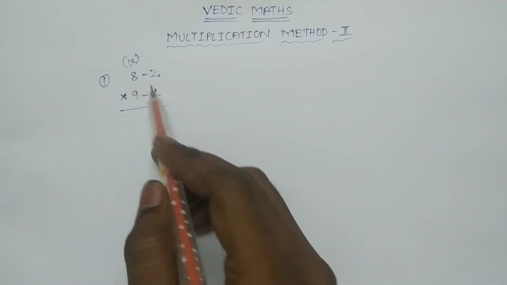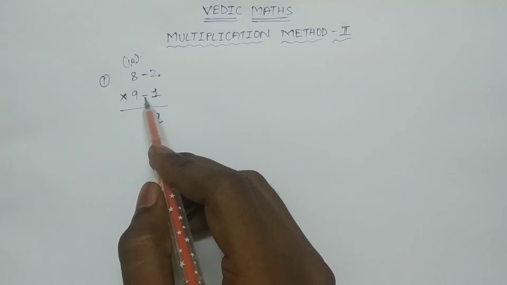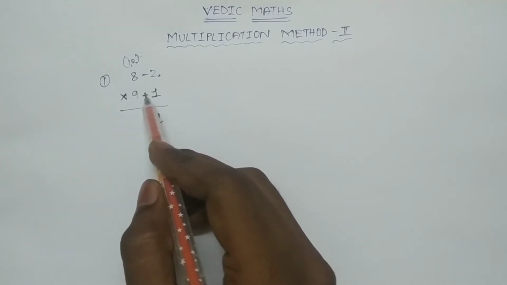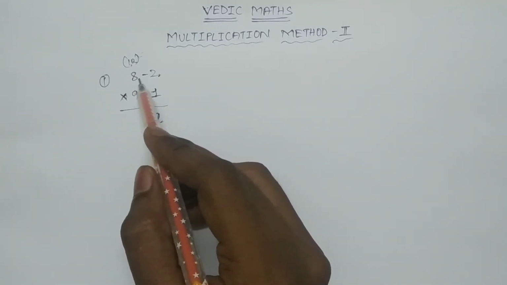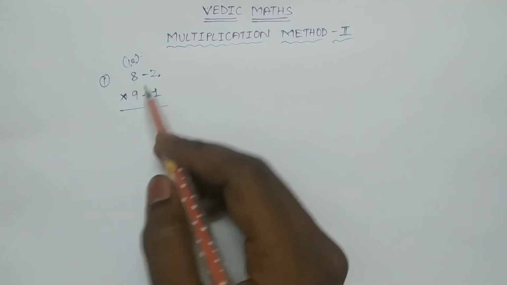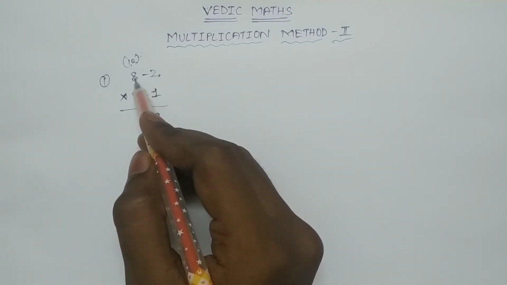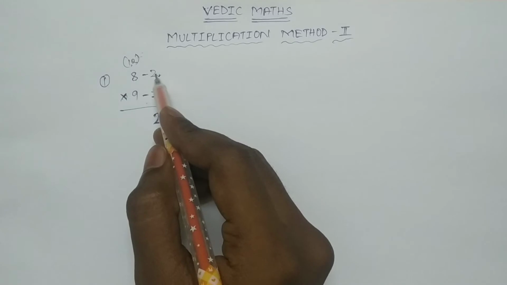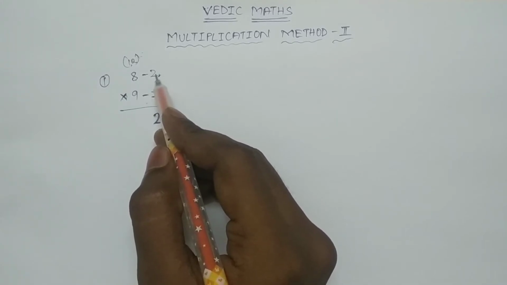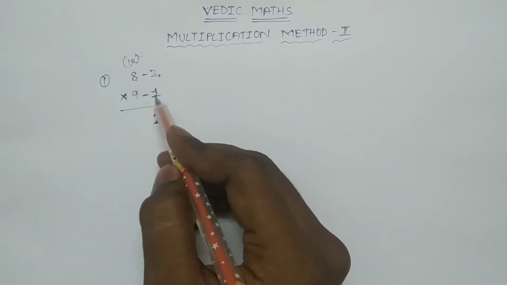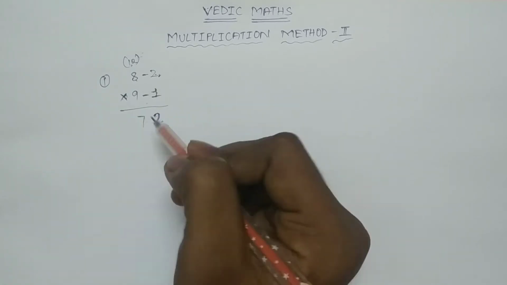So while comparing, it is less than 10, so we are taking the subtraction symbol and we are subtracting crosswise. If we subtract crosswise, 8 minus 1 or 9 minus 2, the answer will be the same. So I am taking 8 minus 1, it is 7, so the answer is 72.